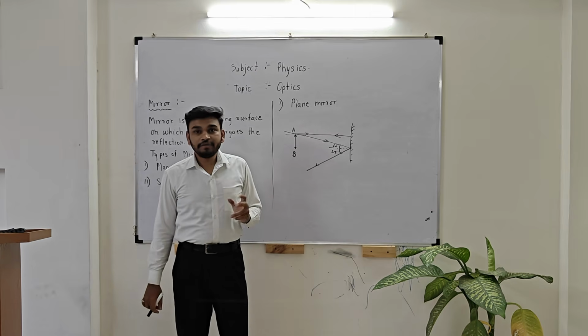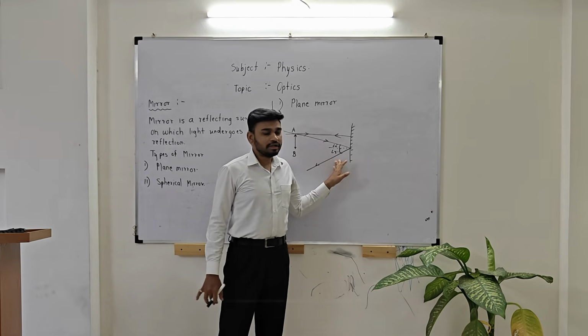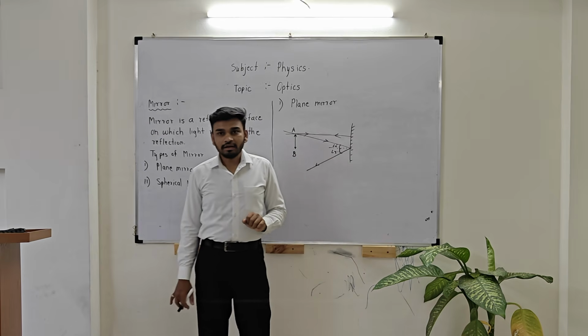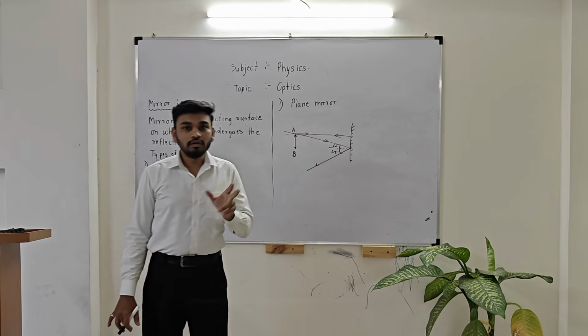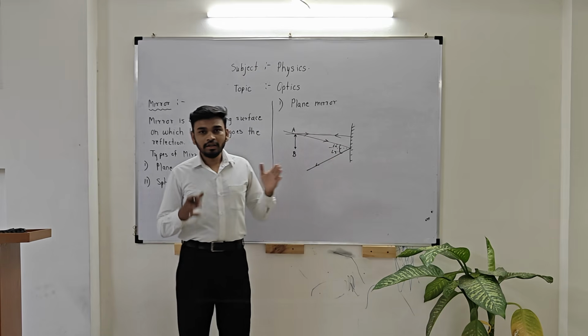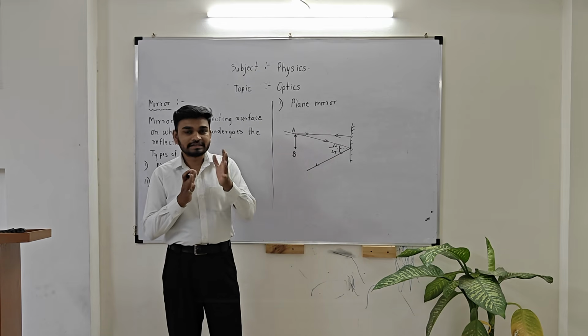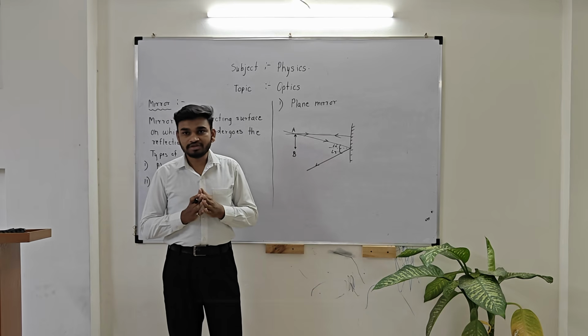Now the question is where and how the image forms. We already studied till 10th that the image will be formed only when the reflected rays of light meet each other at some point. At that point, the image will be formed.